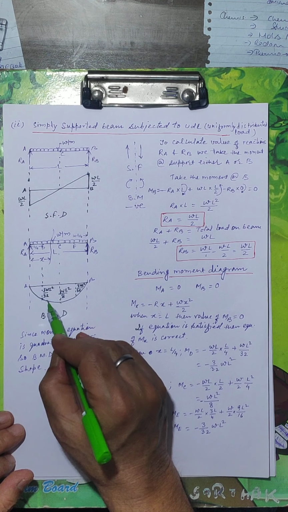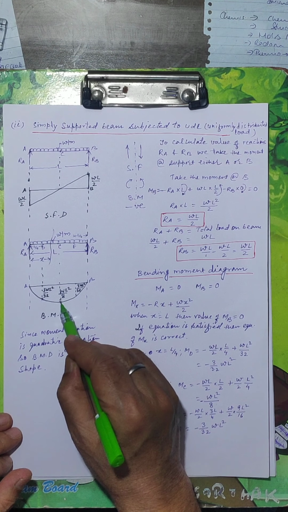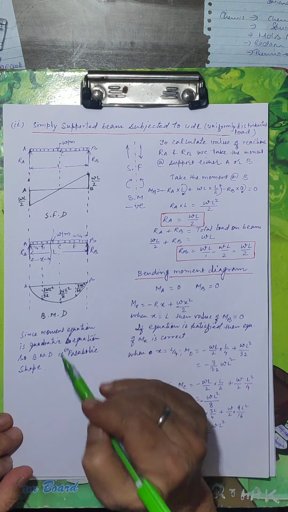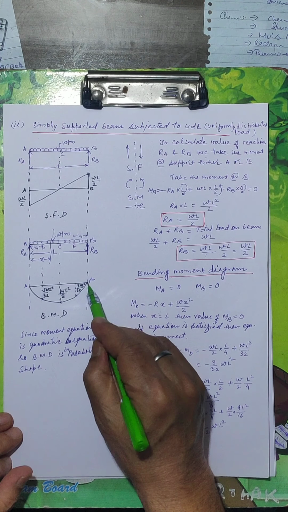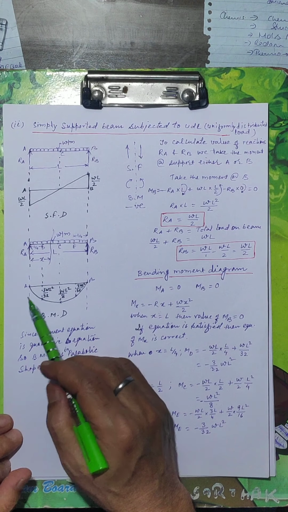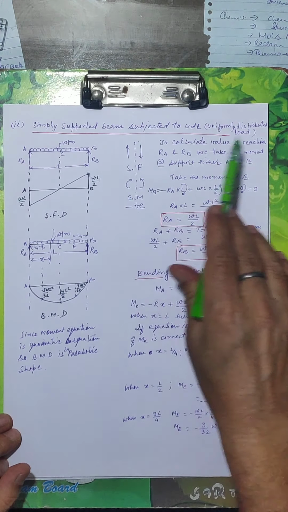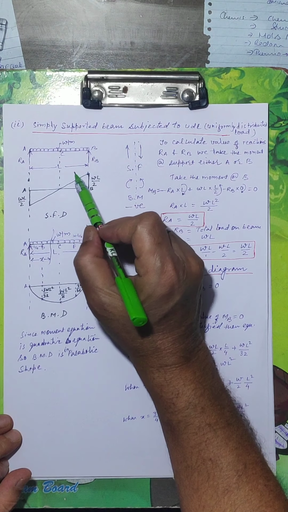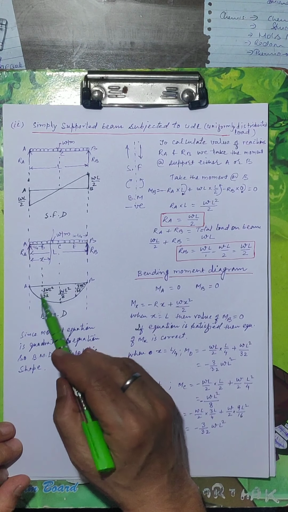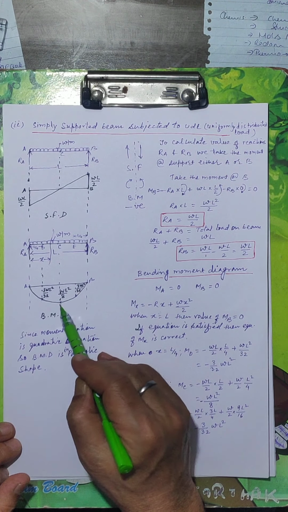Minus 3WL²/32, then we take WL²/8, it is here, and WL²/32, it is here, and MB is 0, MA is 0. So we start drawing the sketch of bending moment diagram of a simply supported beam subjected to UDL, and intensity of load is W per meter. Then we get this bending moment diagram. This is in curve shape.